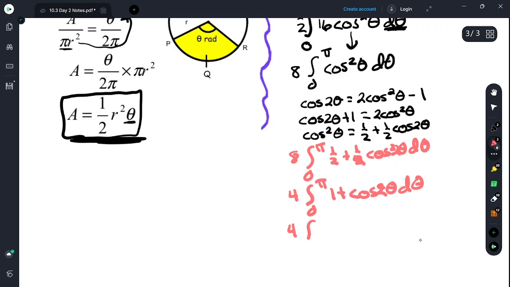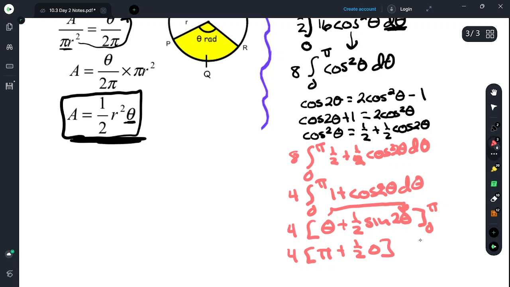So we have 4, we got theta, and we'd have plus 1/2 sine of 2 theta from 0 to pi. So 4 times pi plus 1/2 of sine 2 pi, which is 0. And then if I plug 0 into both of these, we get 0. So it ends up being 4 pi.